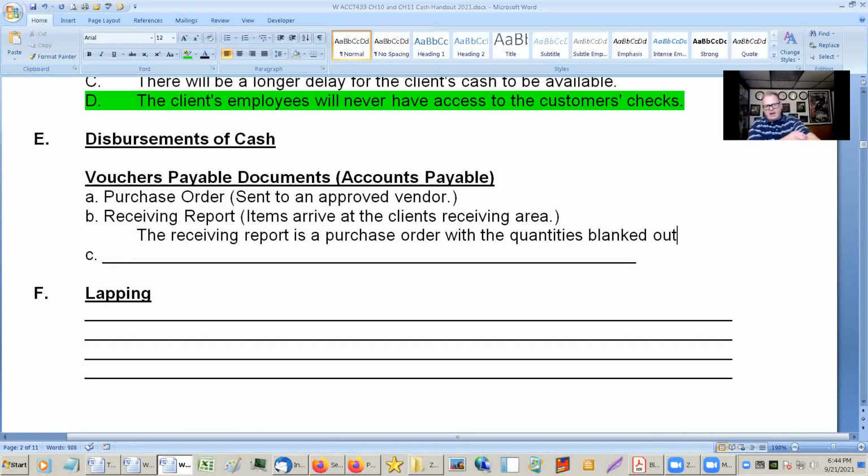The receiving order is usually a purchase order with the quantities blanked out. And it could be electronically blanked out, or it could be actually on a printed piece of paper that they have the quantities blanked out.